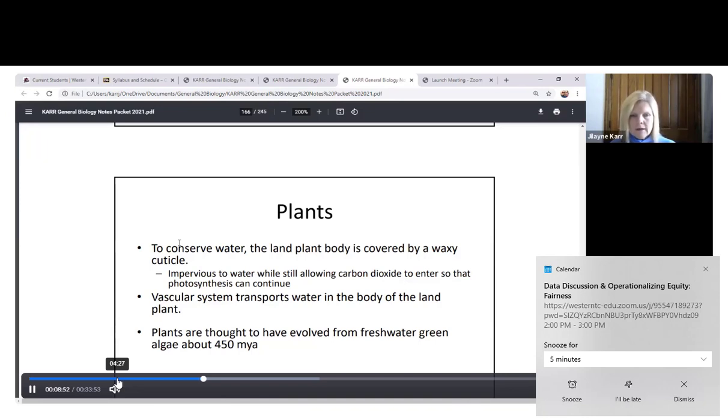So that's a key structure to live on land. And also the vascular system, which are these vessels that run up the stem from the roots, help to transport that water from the roots to the leaves. We'll talk about that. And plants evolved from green algae, which are a protist, about 450 million years ago.